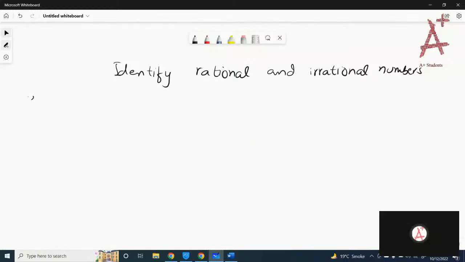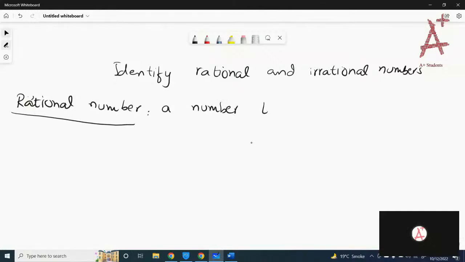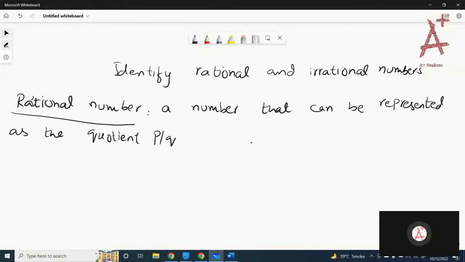A rational number is a number that can be represented as the quotient p by q of two integers such that q is not equal to 0.